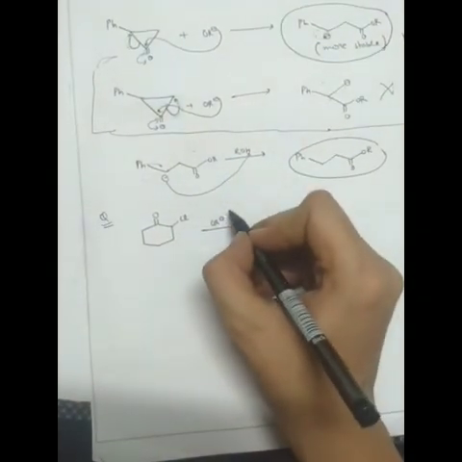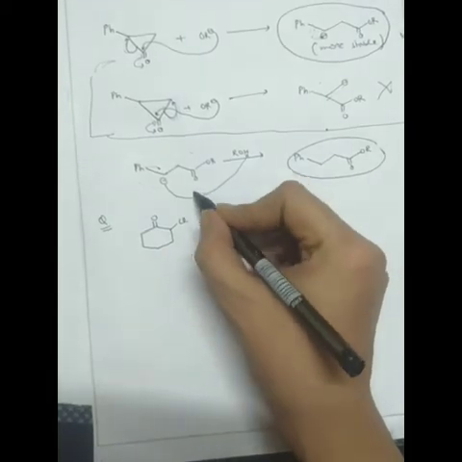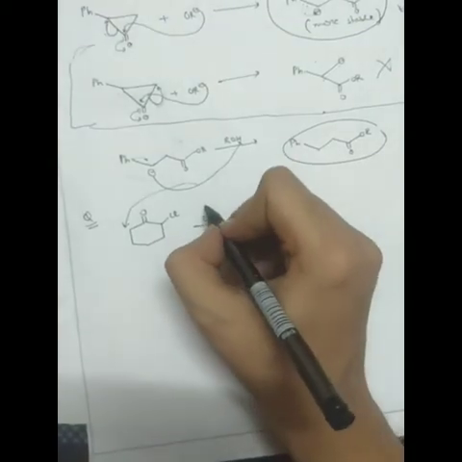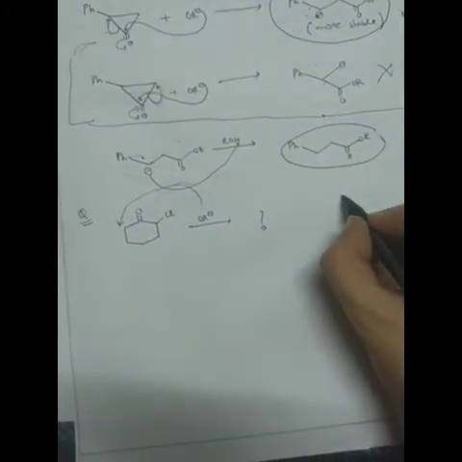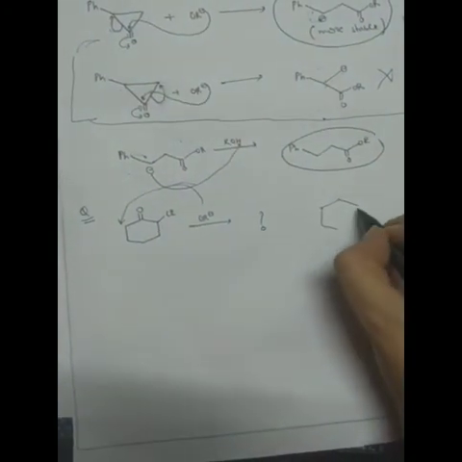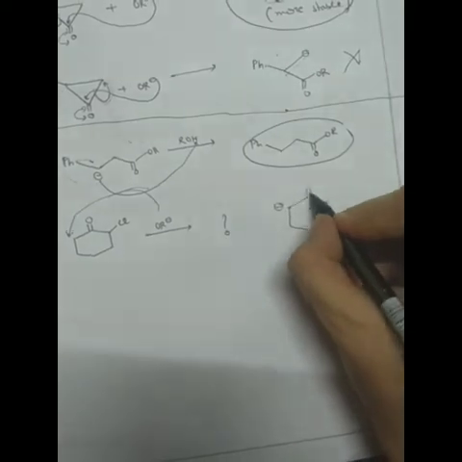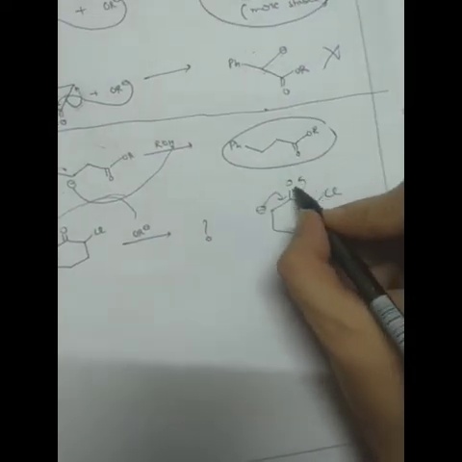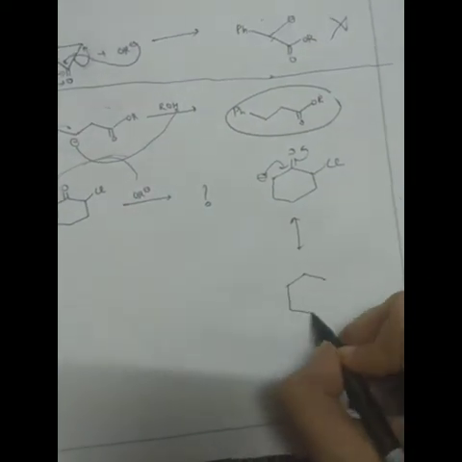The alkoxide ion is coming and it will attack the alpha hydrogen which is present here. A negative charge will be accumulated, which is in resonance with this carbonyl. I'm showing you a resonance structure.